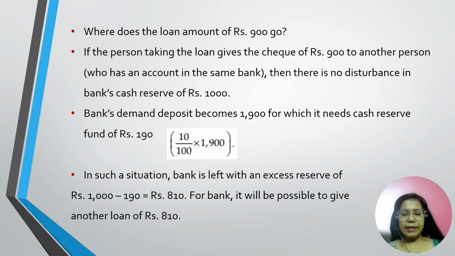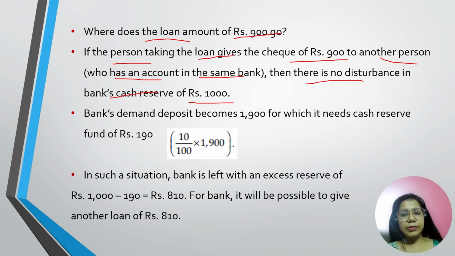So now let's study what will happen to this 900 rupees loan amount. Where does the loan amount of rupees 900 go? See, if the person taking the loan gives a check of rupees 900 to another person who has an account in the same bank, then there is no disturbance in the bank's cash reserve of rupees 1,000.